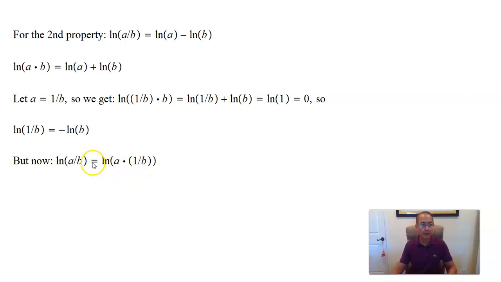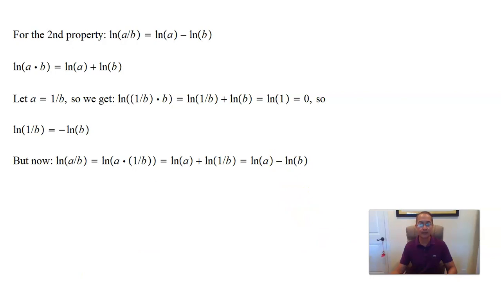According to property 1, we can write this as ln of a plus ln of 1 over b. Pardon my construction here. There we go. But we just said that ln of 1 over b is minus ln of b. All right, so we get ln of a minus ln of b.